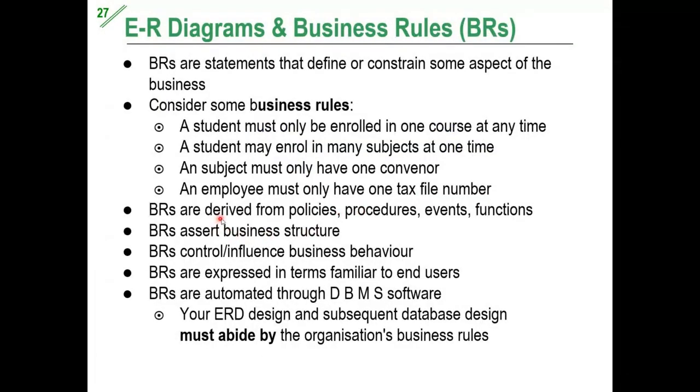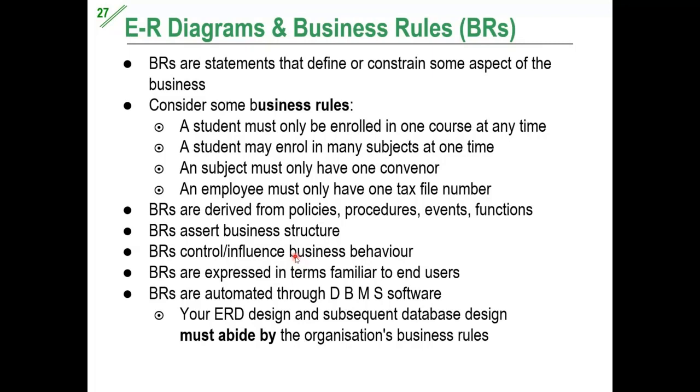How do we derive business rules? They come from the organization's policies, procedures, events, and functions. These business rules give a structure for the database we are going to build. They also give you an idea of how organizations behave and how they control specific operations.